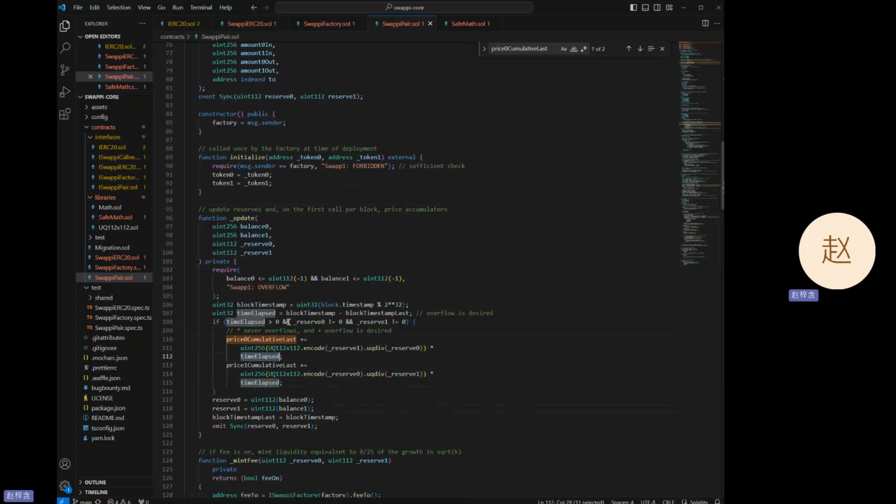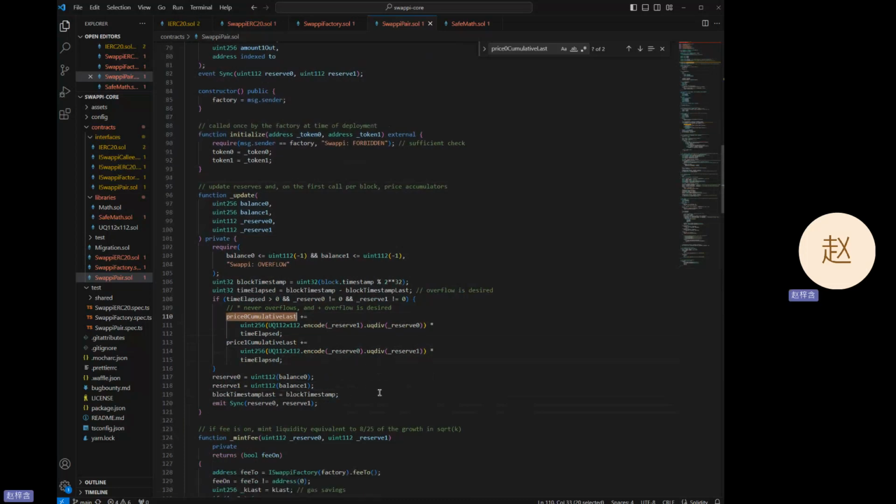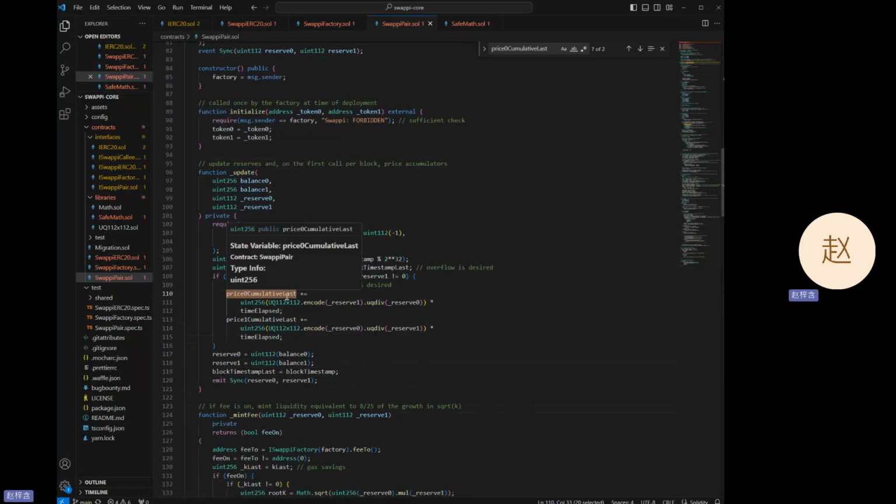So that's the calculation, and these two variables won't be used anywhere in the Swappi pair, but they will be used by some third-party price oracles to calculate the cumulative price. So this is read only, for external third-party contracts or third-party projects. So that's for update.